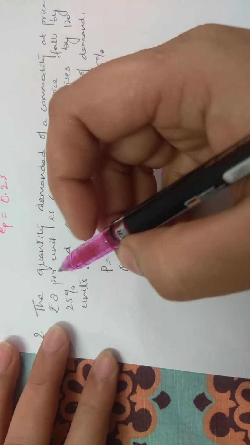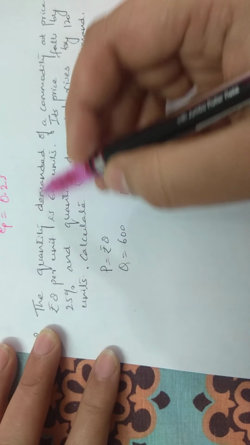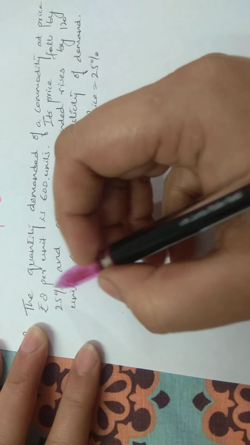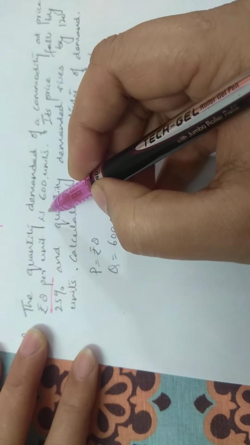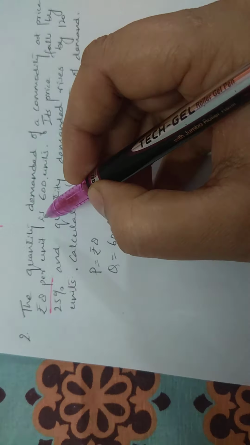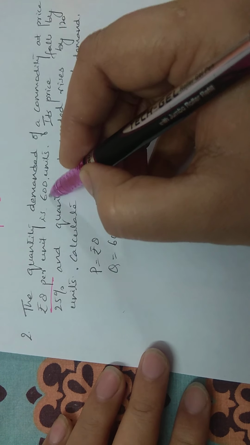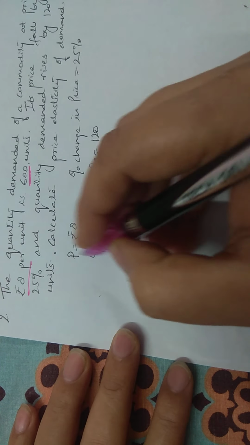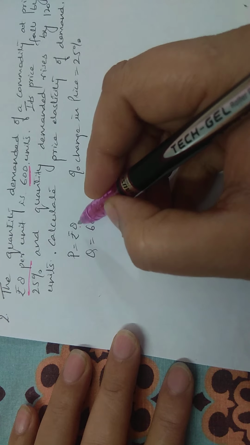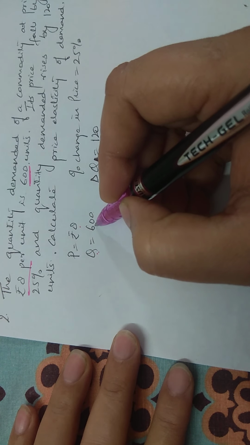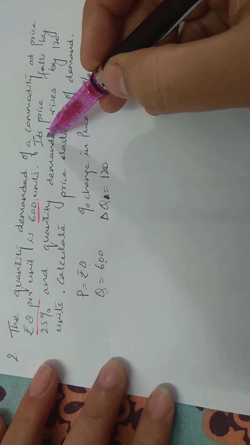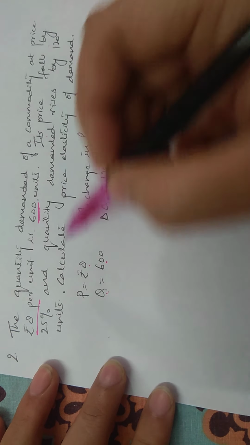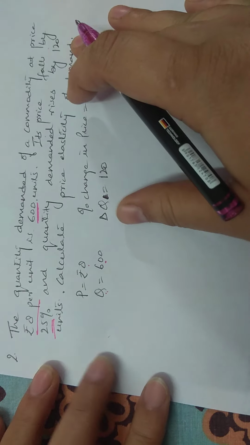Now the next question. The quantity demanded of a commodity at price rupees 8 per unit is 600. That means the initial price is rupees 8 and the initial quantity is 600. Now the question further says its price falls by 25%.